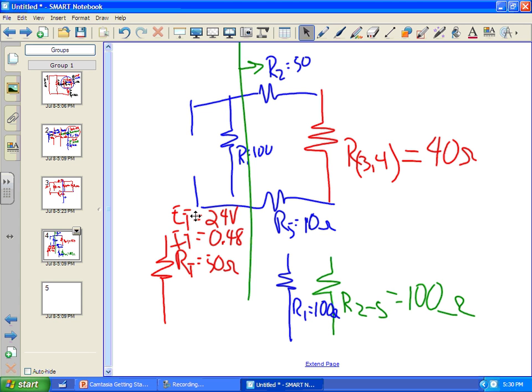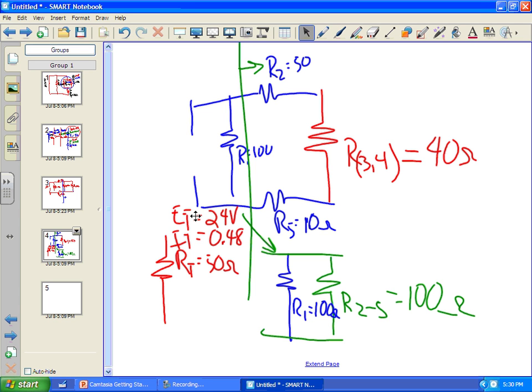Now we had this right here, and that was talking about our total equivalent parallel resistance, right? So what are we going to take down to here? We're going to take the voltage because we're going back to a parallel branch.